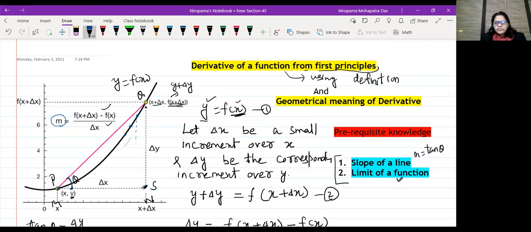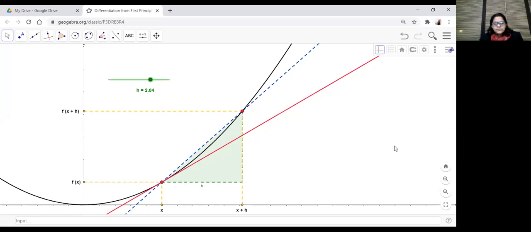So let me show you through GeoGebra also. Yeah, so here you can see. I have used h here, so it is up to you whether you use delta x or h.